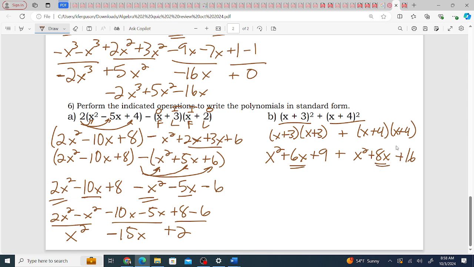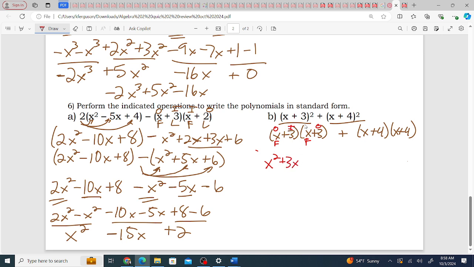You want me to show you where I got the middle term from? Okay, let's see. I should have enough time to do that. So let's do some FOIL instead. So x times x, that's my FOIL, that's my f. That's x squared. Then my outer terms are x times 3, so that's plus 3x.